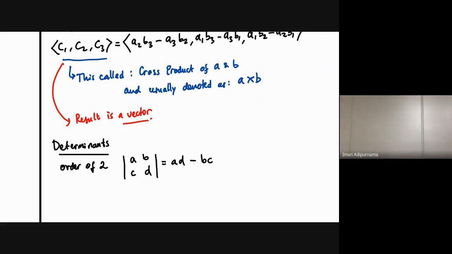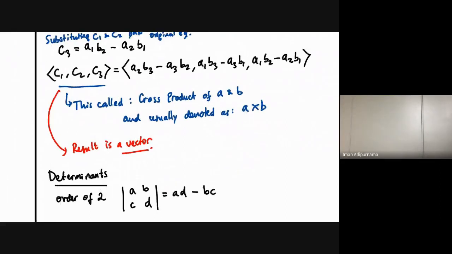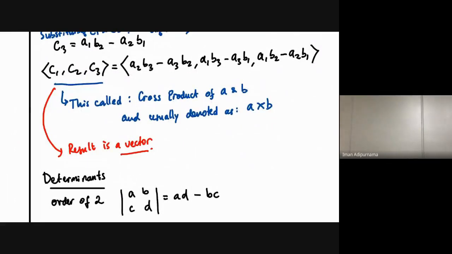Now you can see what is happening here. The connections. It's something minus something, something minus something. Okay, it's actually related to what we call the determinants, and you can also use that for your notes. So if you have a determinant of order 2, you have AD minus BC.